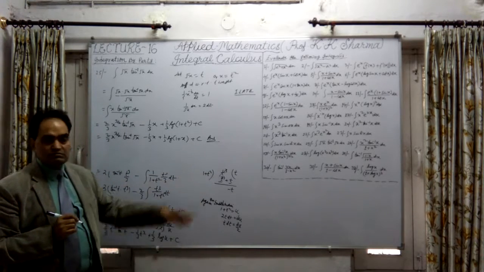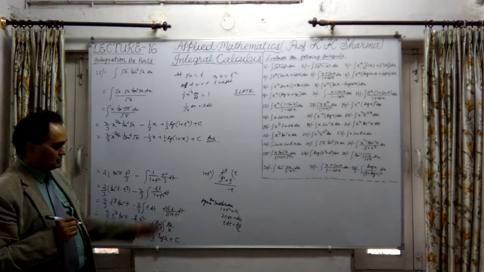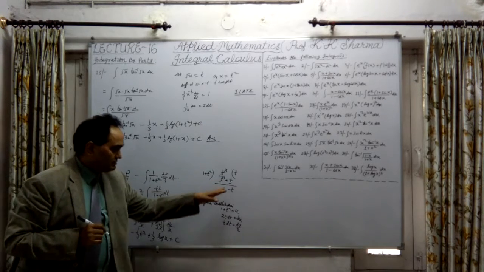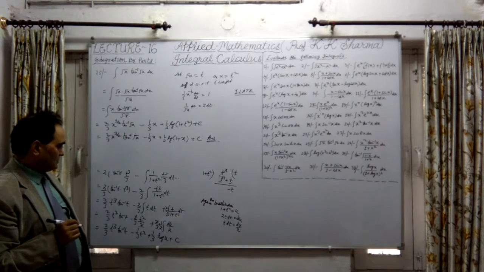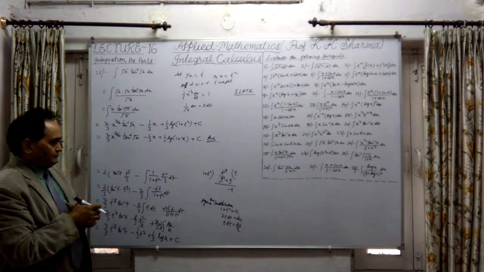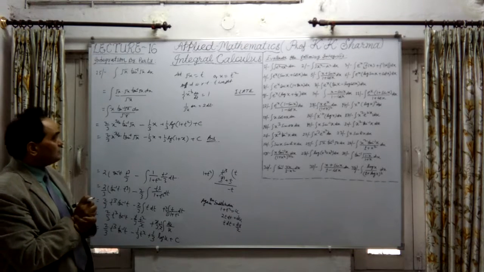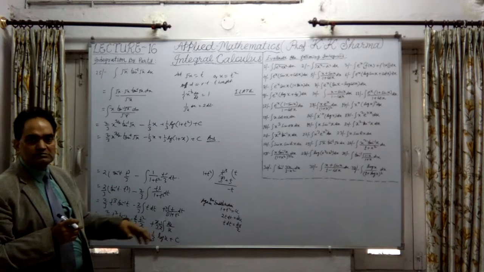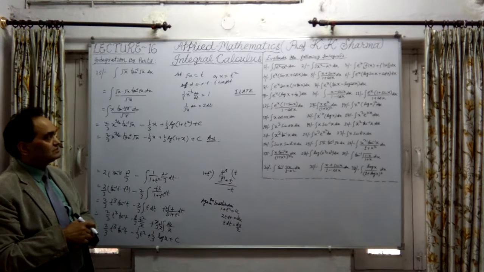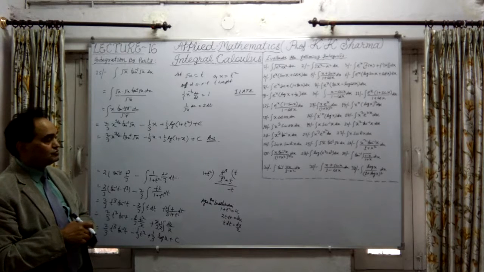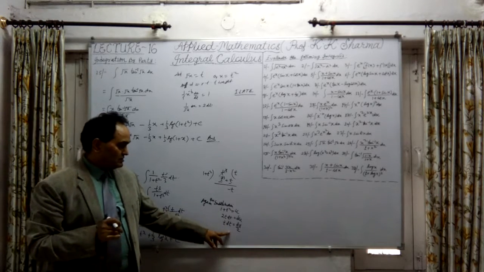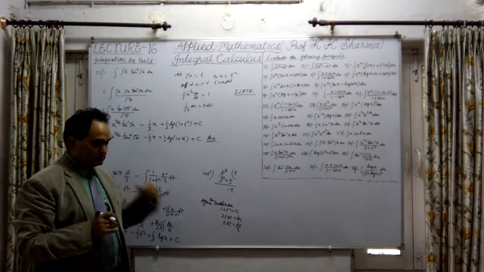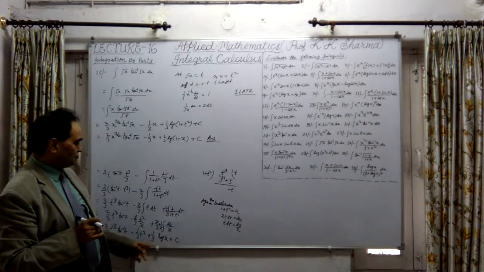We divided t cubed by 1 plus t square, then we got this t minus t upon that value. So we substituted two times: first x was converted to t, then t was further substituted in terms of u, and finally the answer was obtained.